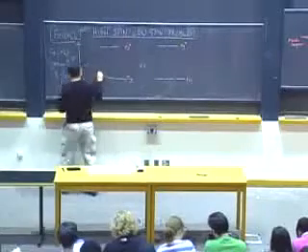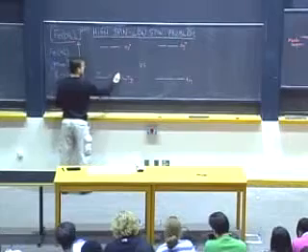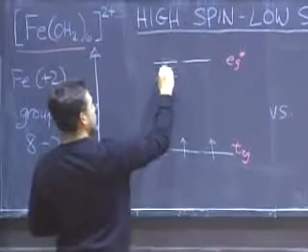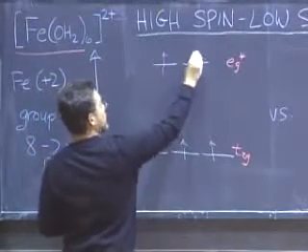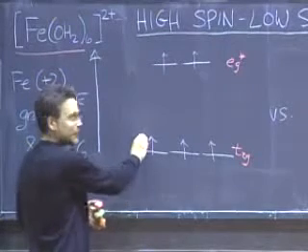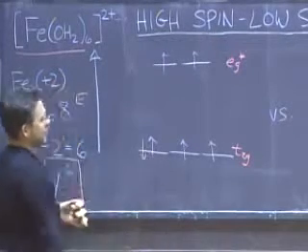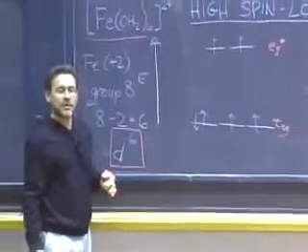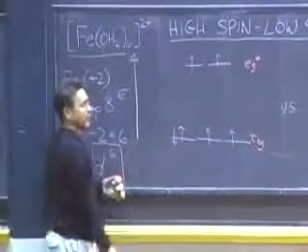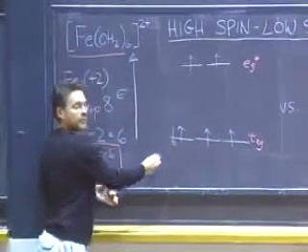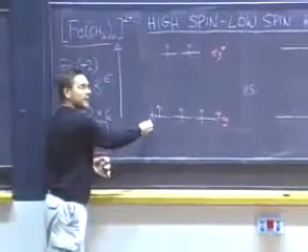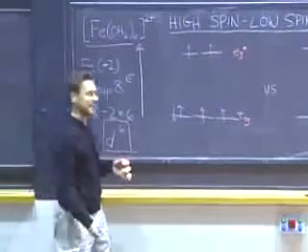Because we can do this. Here we're following Hund's rule of maximum multiplicity, trying not to pair up any electrons until we run out of spots for them, and so we have to. There's one way to populate the diagram. 2 electrons in eg star, 4 electrons in t2g, one of them spin inverted relative to the other because you can't put 2 electrons in the same orbital unless they have different spins.